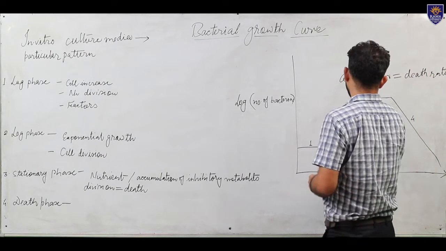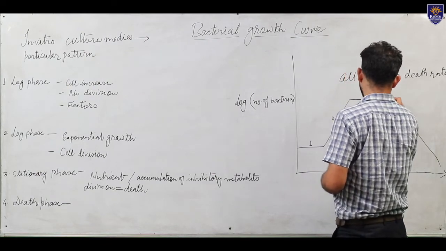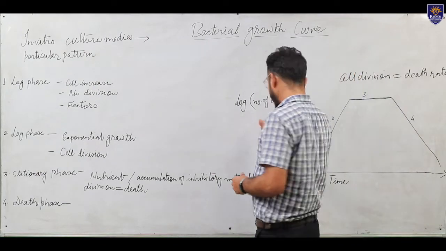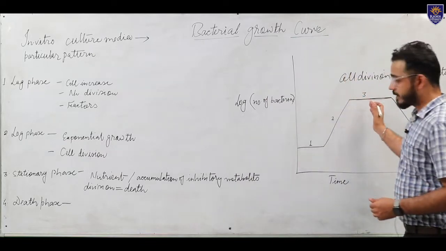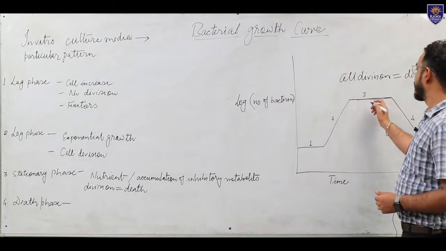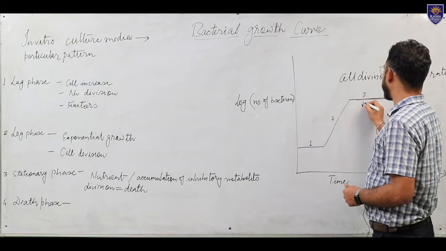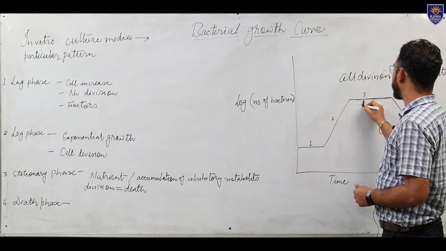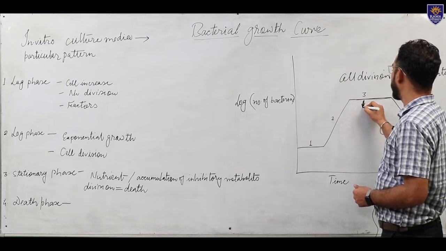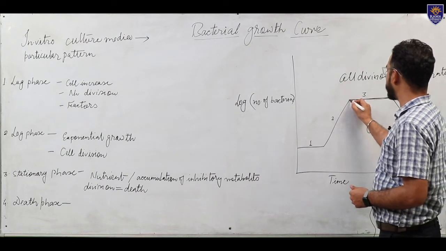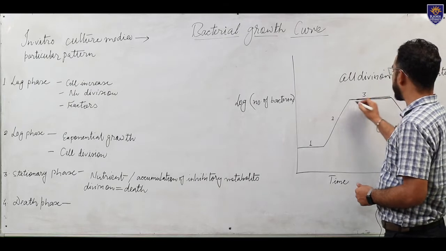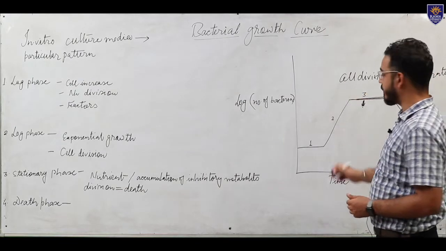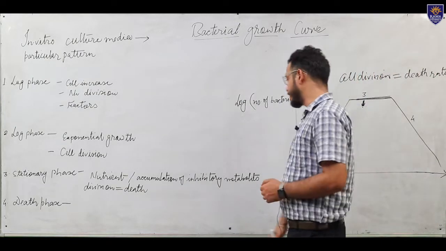There is no increase or decrease in the bacterial population. Why? The nutrients are now depleting, and the bacterial population has reached the limit where it is exploiting the maximum of its nutrients.